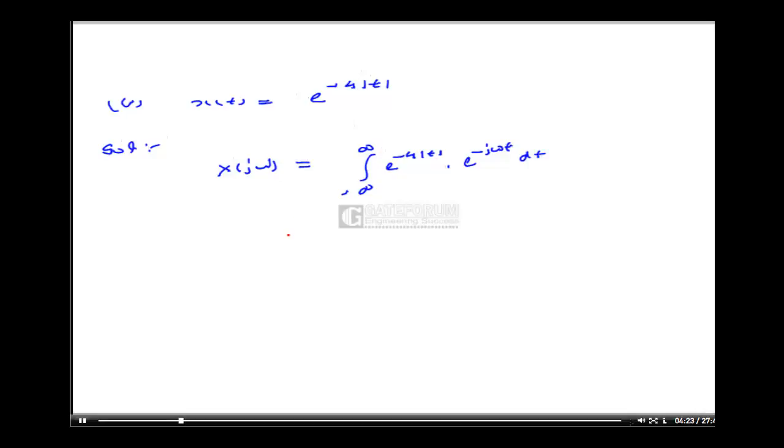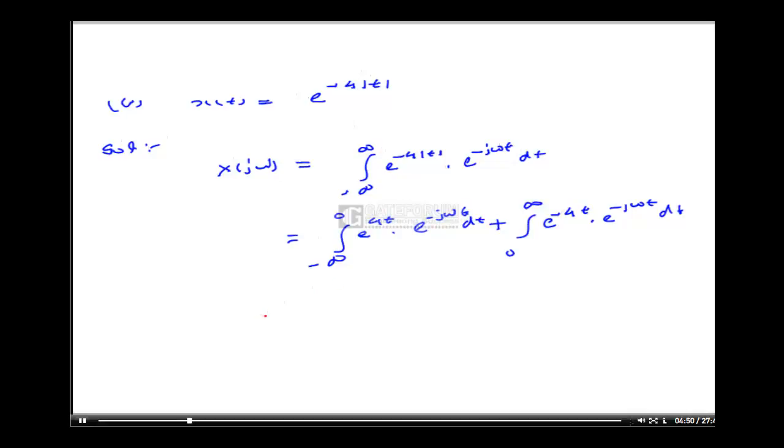So with this I can write the integral from minus infinity to 0 of e to the power 4t e to the power minus j omega t, plus the integral from 0 to infinity of e to the power minus 4t e to the power minus j omega t dt.